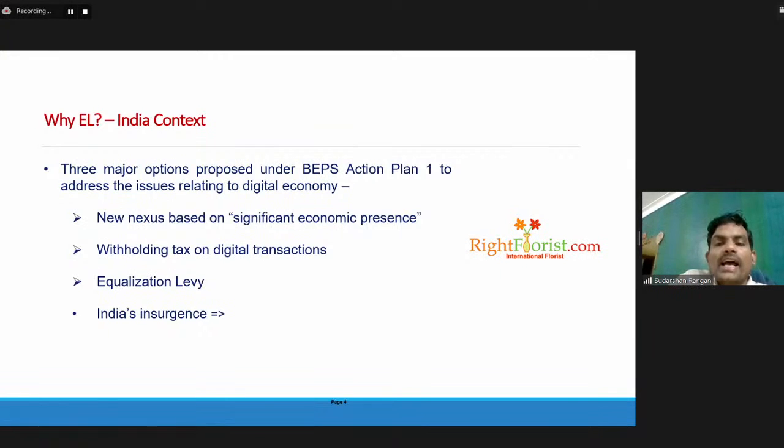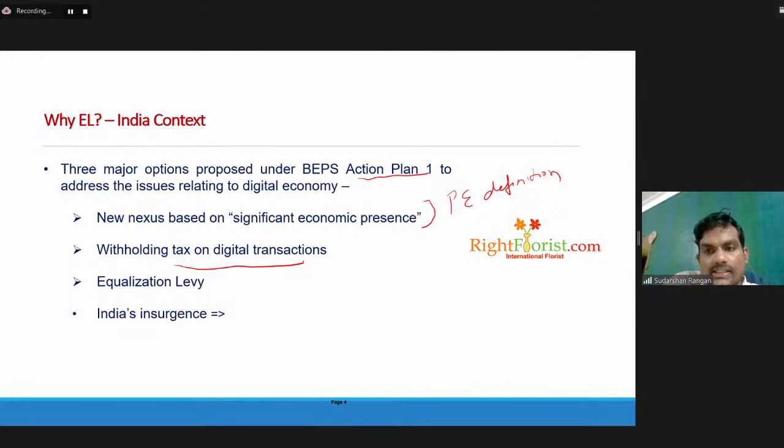Under action 1, which is not finalized yet, there were recommendations given for countries: change the PE definition under the treaty and under the act to bring it in line with modern day businesses, or bring a withholding tax on digital transactions. These are options proposed. And another option proposed was to bring equalization levy. Now, what is equalization levy?